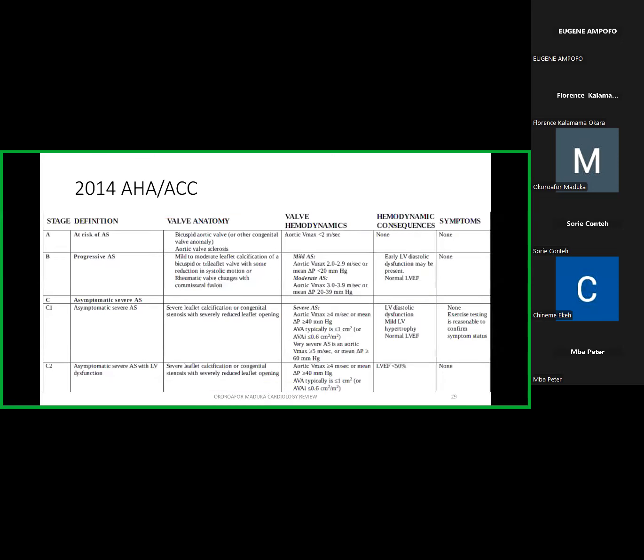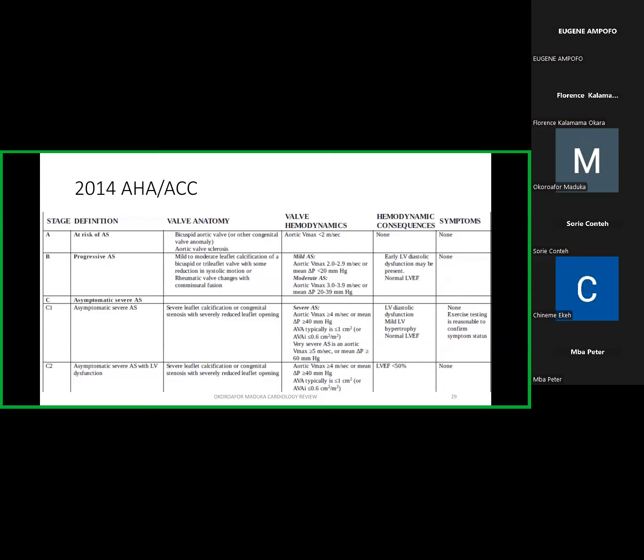Using the 2014 American Heart Association staging of aortic stenosis, you have stage A to D. Stage A is essentially people at risk of aortic stenosis.